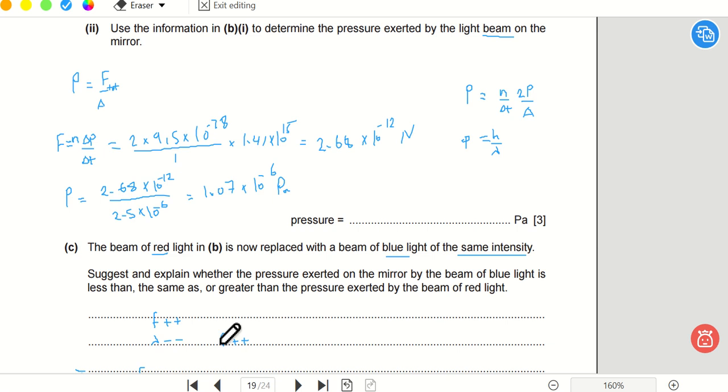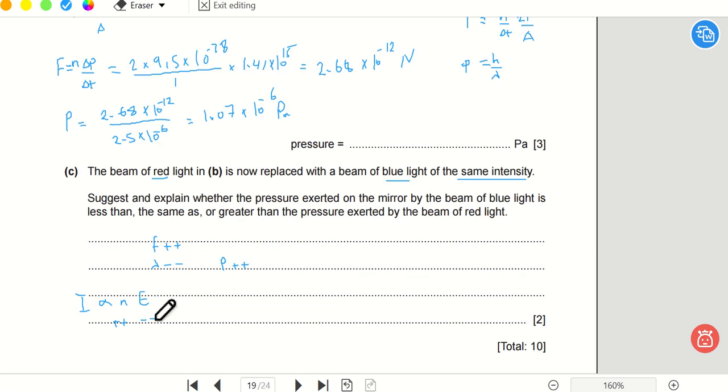And as energy decreases, N increases. So we can say that pressure, which depends on N and p, okay, have an increase in N, but... sorry, from the beginning, frequency increases, lambda decreases means energy increases and N decreases.